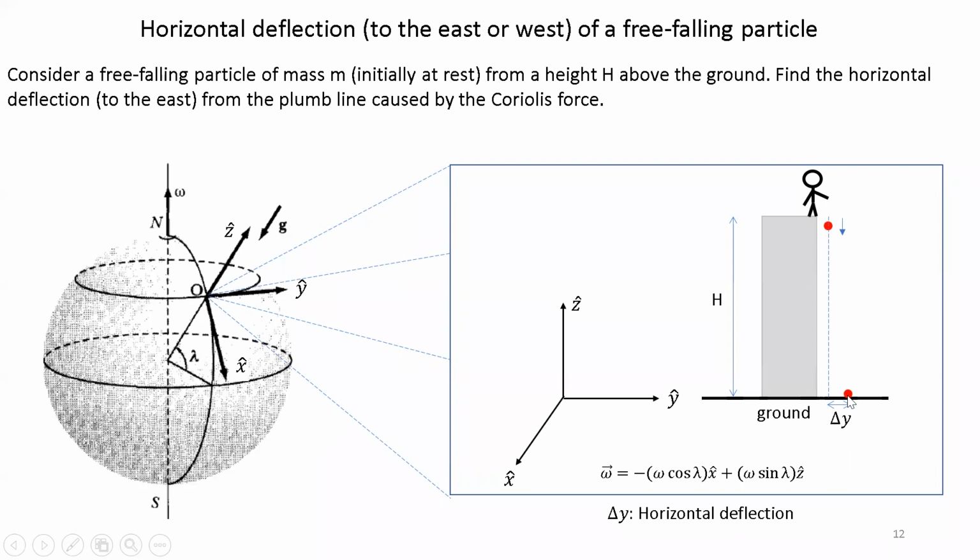We want to find how much this delta y is. This is what I call the horizontal deflection. This horizontal direction is along y, which means it's either to the east or to the west.